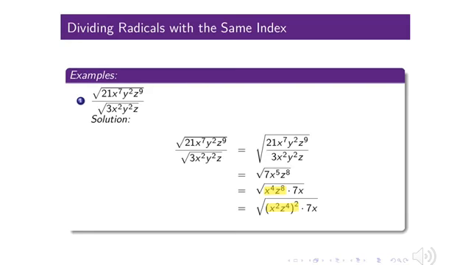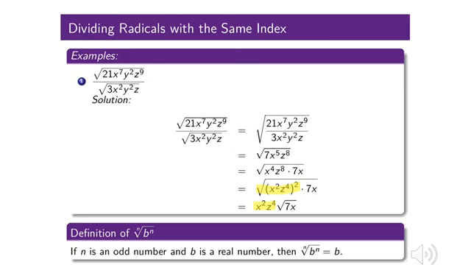Then we group factors to write the radical expression as the power of the index, that is the square root of x raised to the power of 4 z raised to the power of 8 times 7x is just equal to the square root of the quantity x squared z to the 4 quantity raised to the power of 2 times 7x.